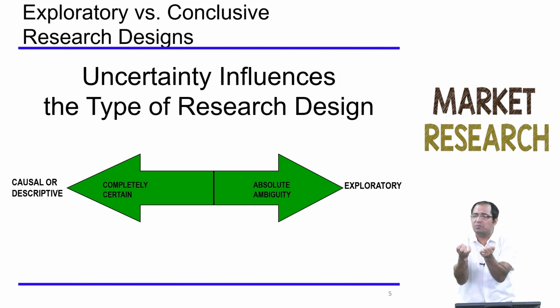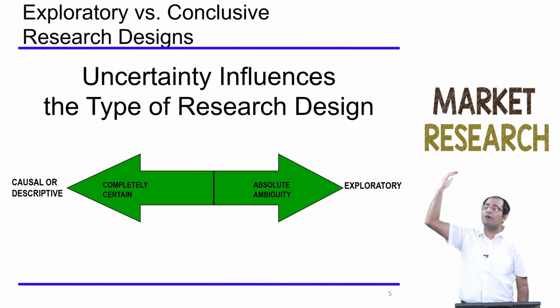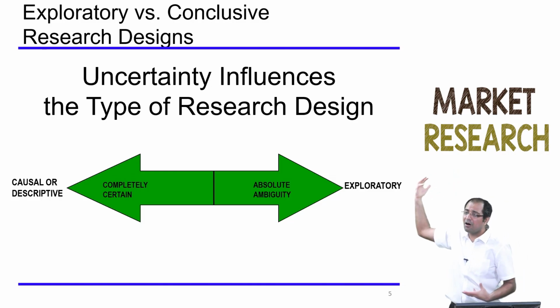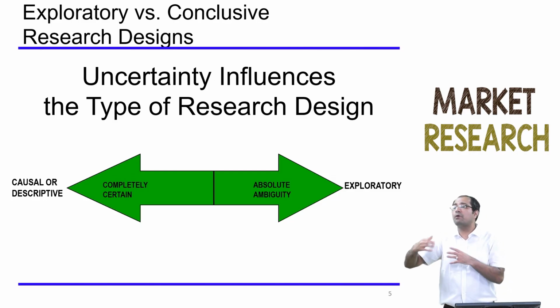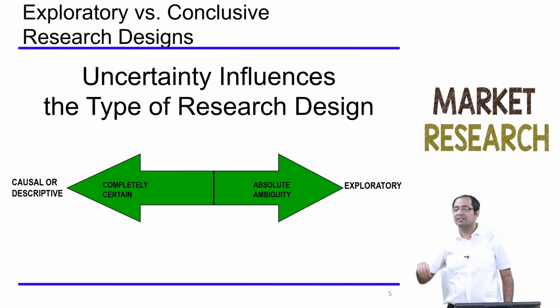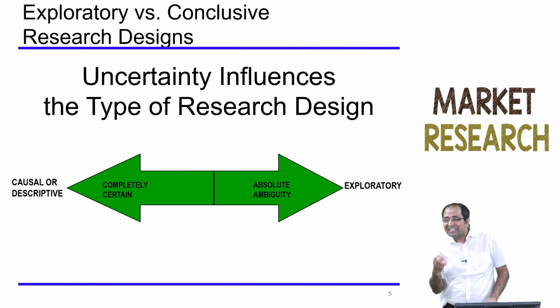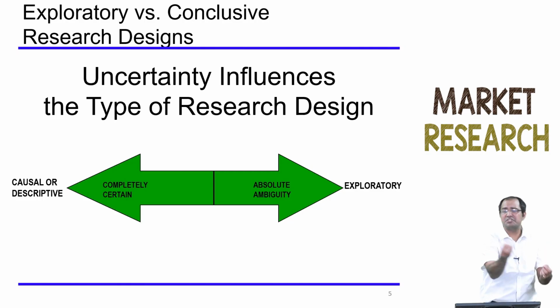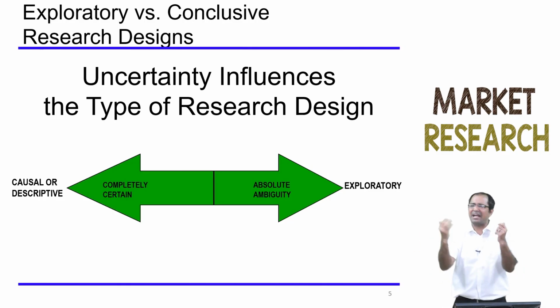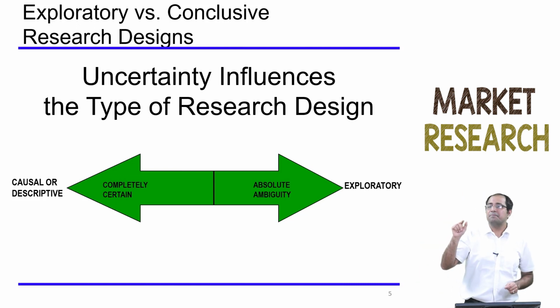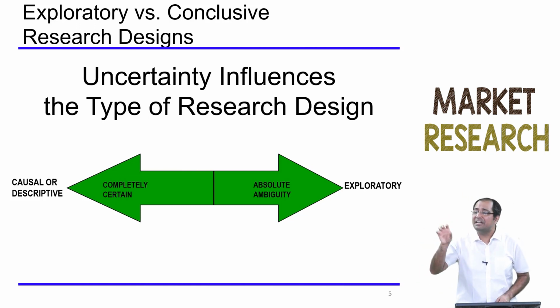The sample is very small and not representative, because to be representative of a population of crores, you require several thousands of participants. The sample you use in exploratory research is very, very small. So the cause you get is probable and tentative; you cannot say it is conclusive evidence.